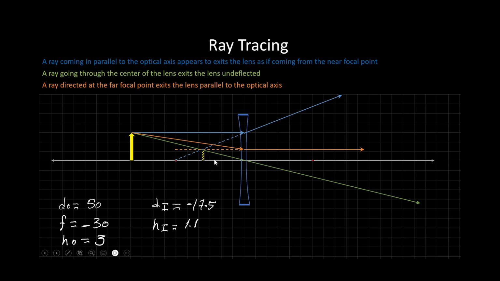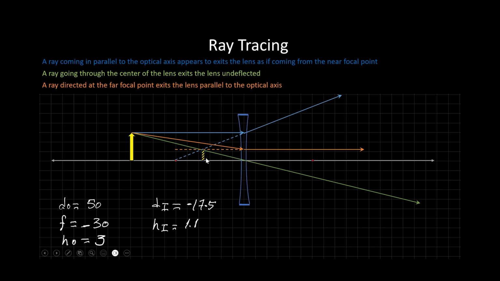If you look at it carefully, if each of these is 5, 5, 10, 15, 20, it's closer to 20 than 15. So maybe it is 18 something. Again, if you don't have a ruler and the rays are not exact, you're not going to get a good answer from the ray tracing, but it'll put you in the ballpark. So we are okay with the ray tracing.